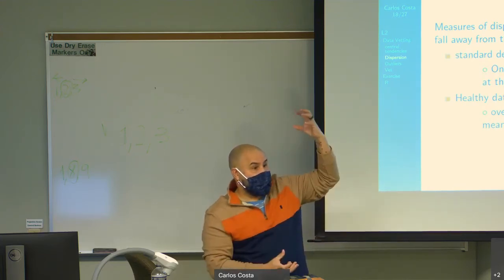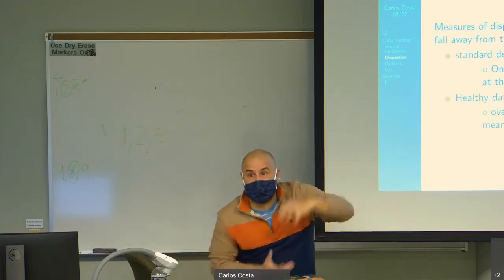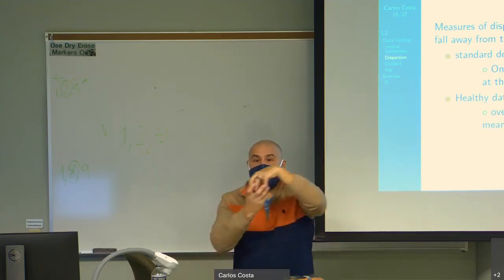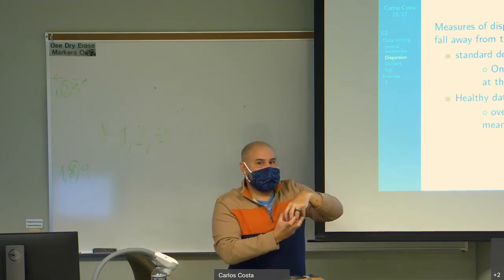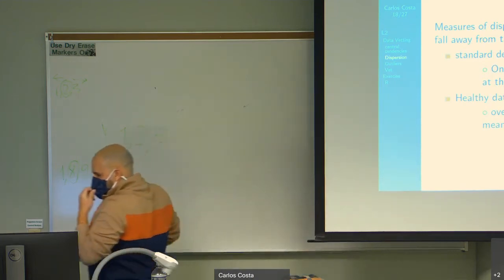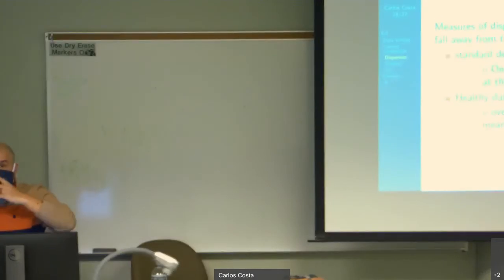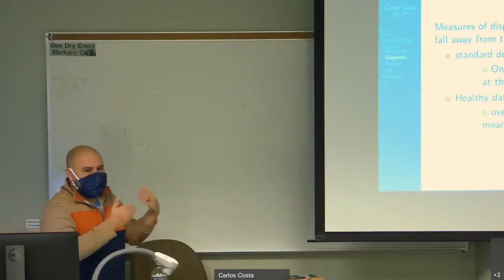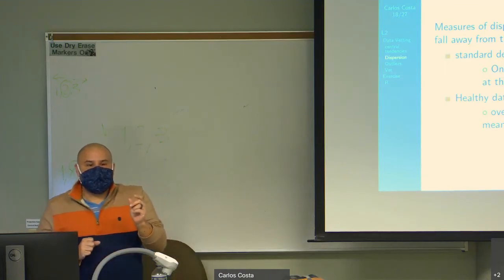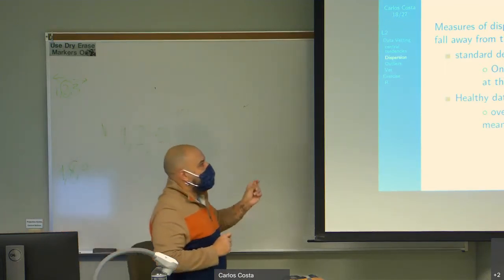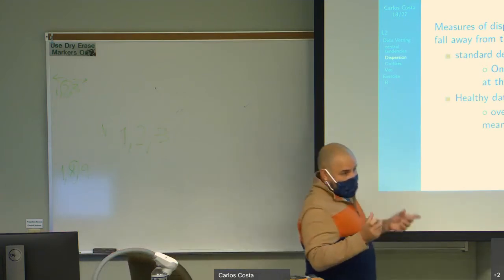So if I have all these numbers, and I calculate the average of it, now I have the average dispersion from the average. What we want is for data to be healthy, its dispersion rate has to be less than the mean or the average.